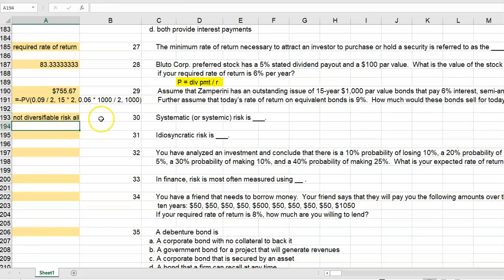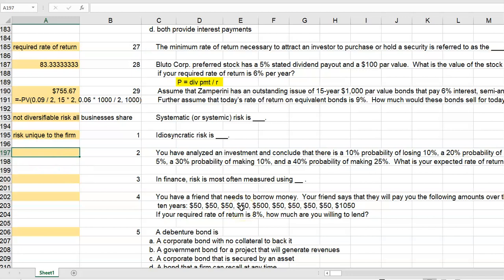Not diversifiable risk that all businesses share. Idiosyncratic risk is risk unique to the firm. Hopefully most people got those.